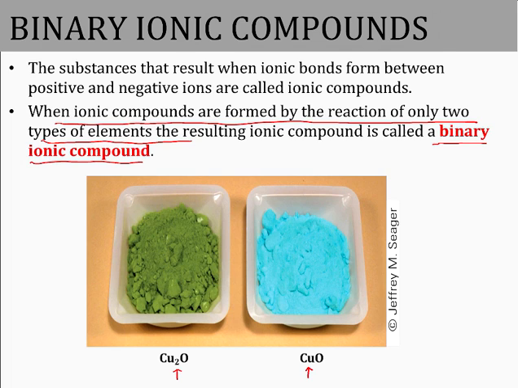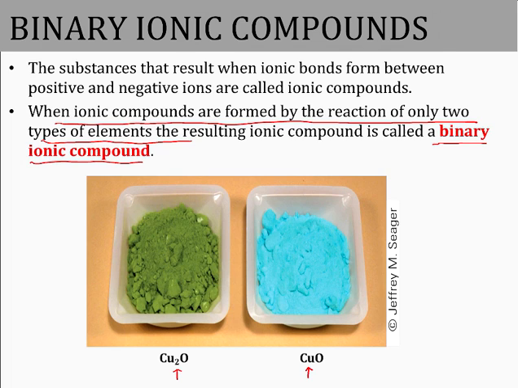And this can create a huge difference in the properties of the compound. So on the left, if we have two coppers bound to one oxygen, we get a greenish compound. And on the right, if we only have one copper bound to oxygen, then we get a blue compound.